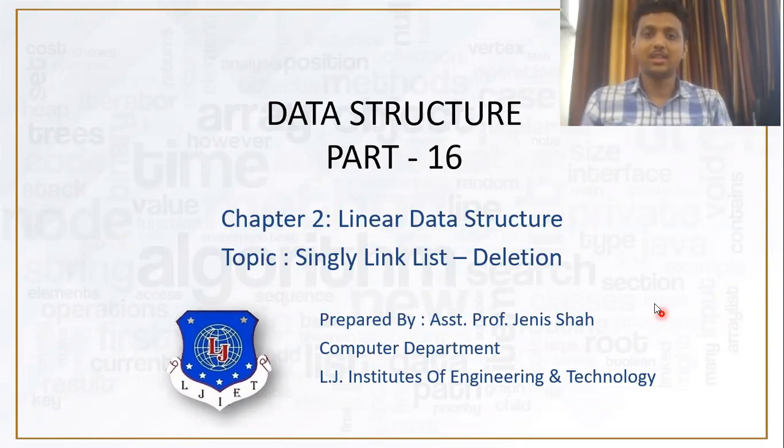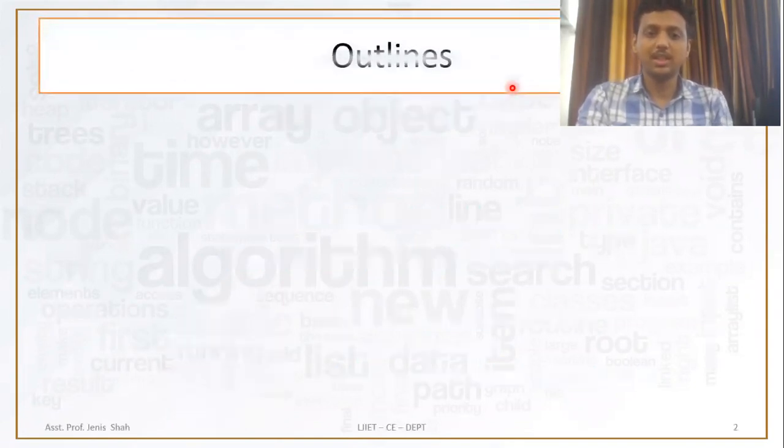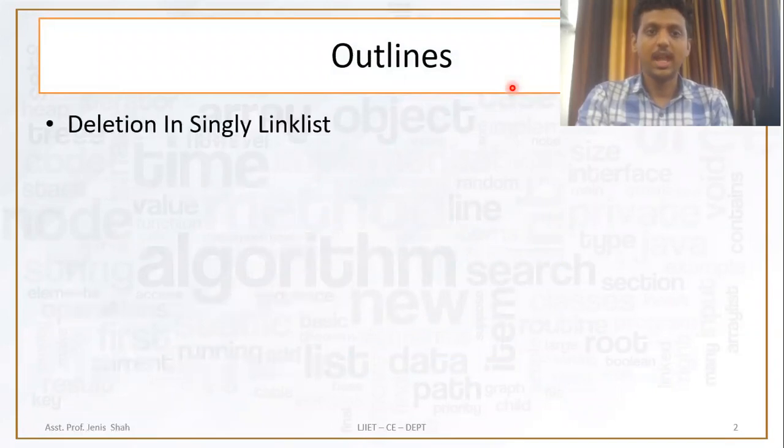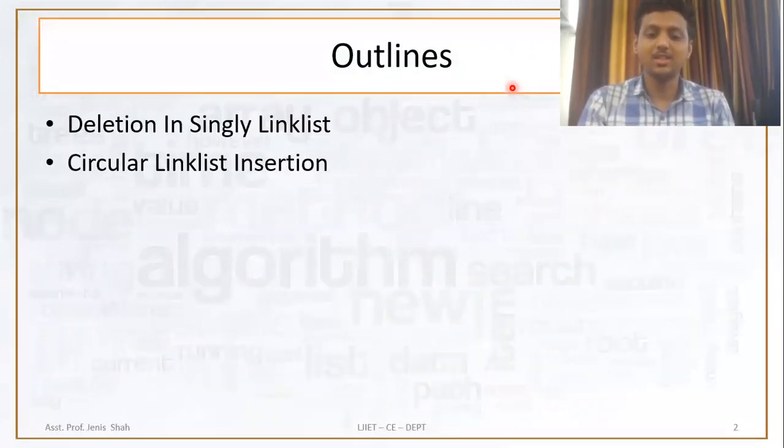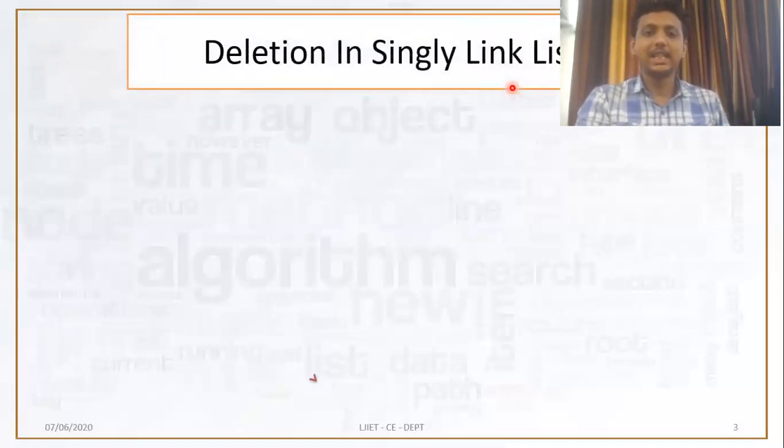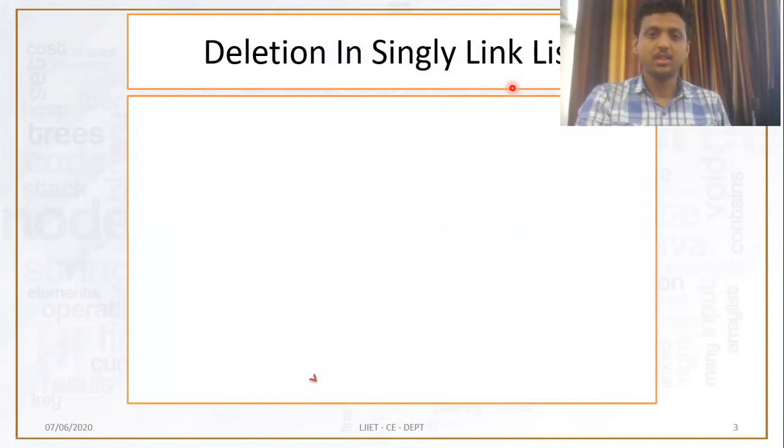So let's start. Students, the first step is we talk about singly linked list deletion, and then we'll consider circular linked list insertion. So the first one is singly linked list deletion. Here deletion is a procedure.